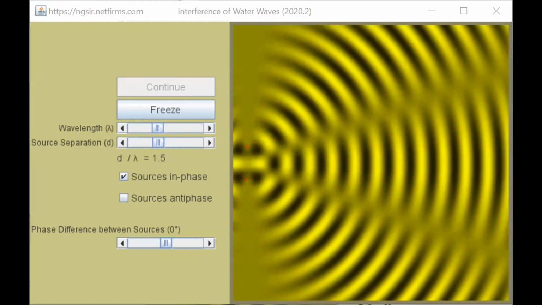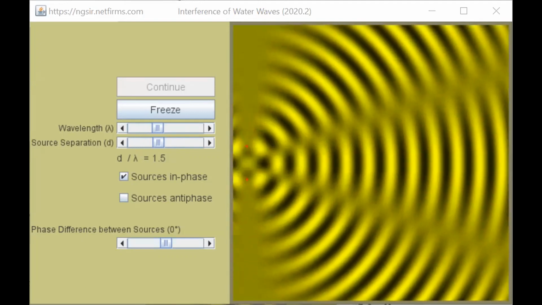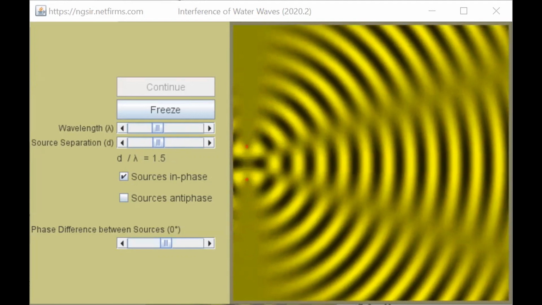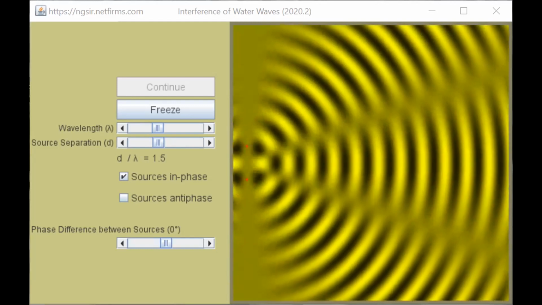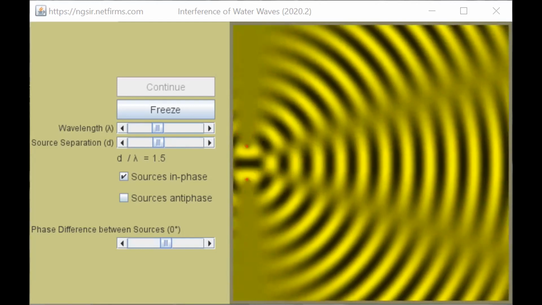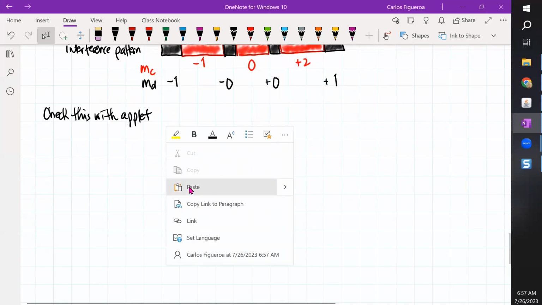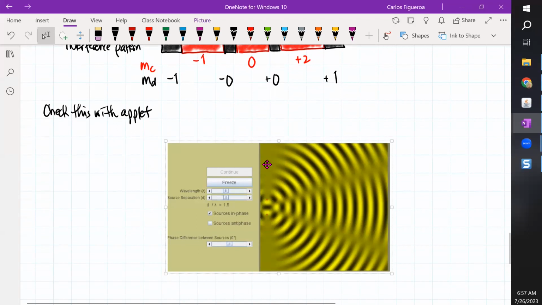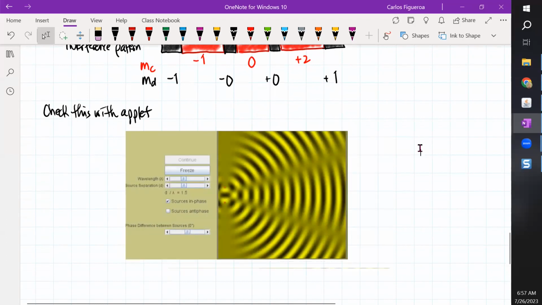You can see here that if you look at 90 degrees, note that that's 0, right? That's exactly what we would have expected here. Now, I just did a screenshot, so let me put this back into my OneNote. If I paste this, look what we're seeing. It's exactly what we would have expected here.